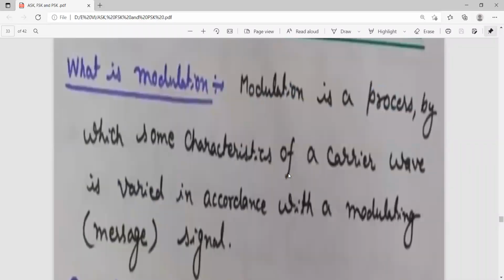Now coming to the definition, in general, modulation is a process by which some characteristics of a carrier wave are varied in accordance with the modulating signal, that is the message signal.